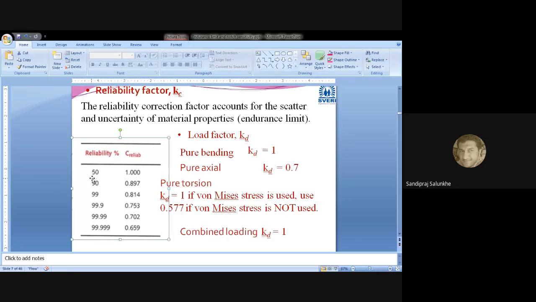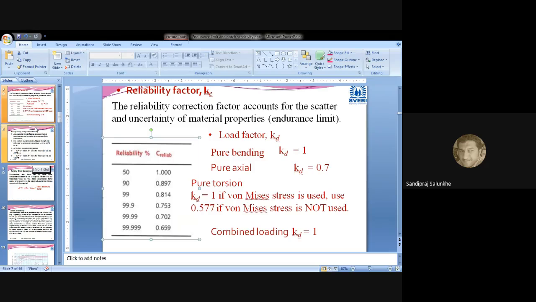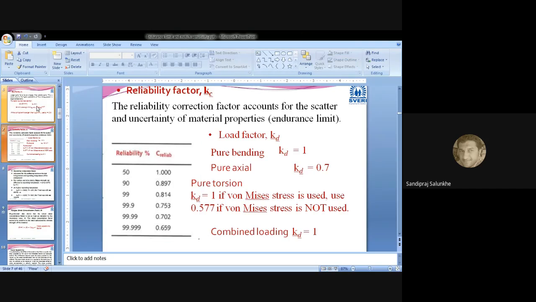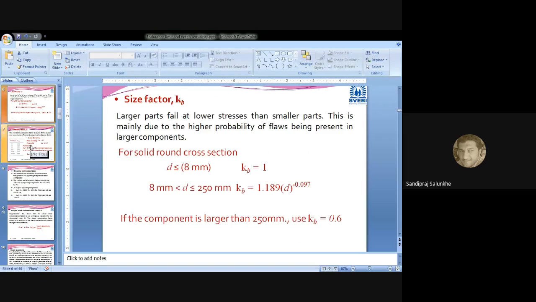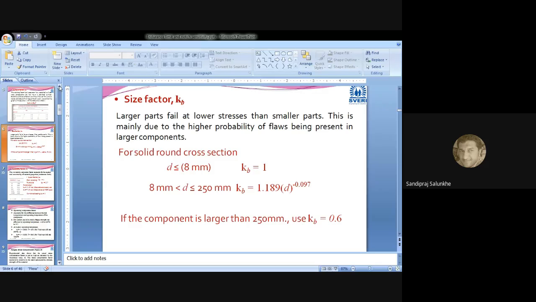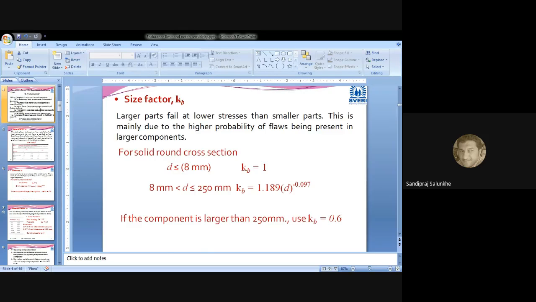Now here, when we are going to see the reliability, that reliability is mostly calculated in terms of, just wait, the factor kb, size factor. Which nomenclature have we used for that? Kb.